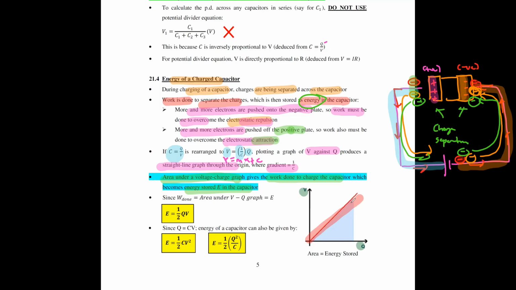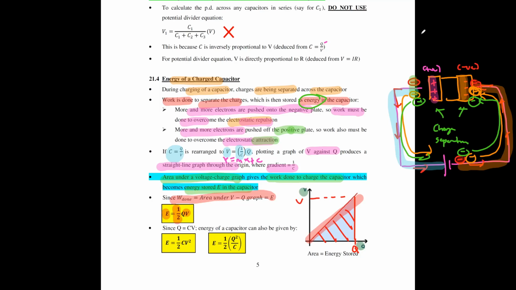That area under your graph would be your work done. This area is actually the area of a triangle. Imagine this one is Q and this one here is V. Your work done, or rather your energy stored, is going to be E equals half QV.